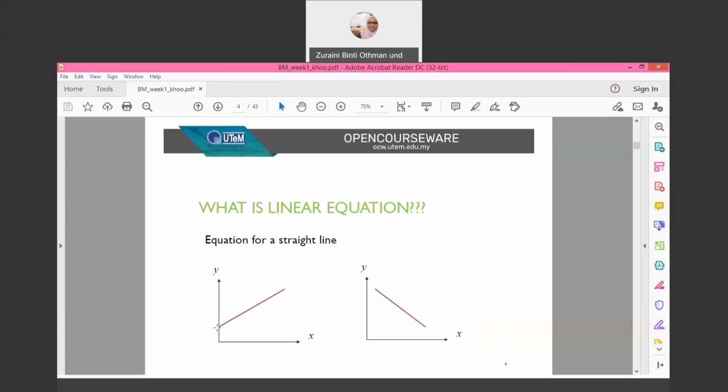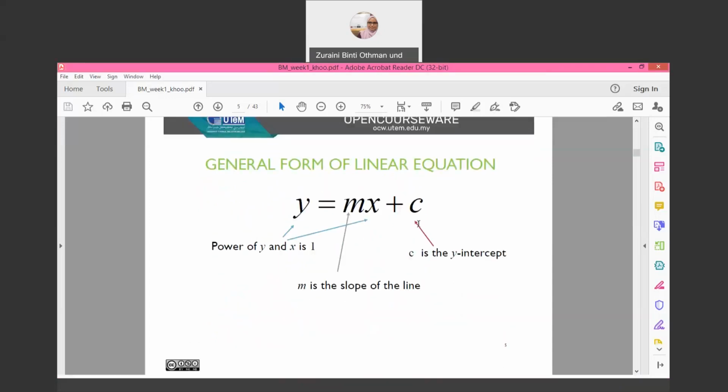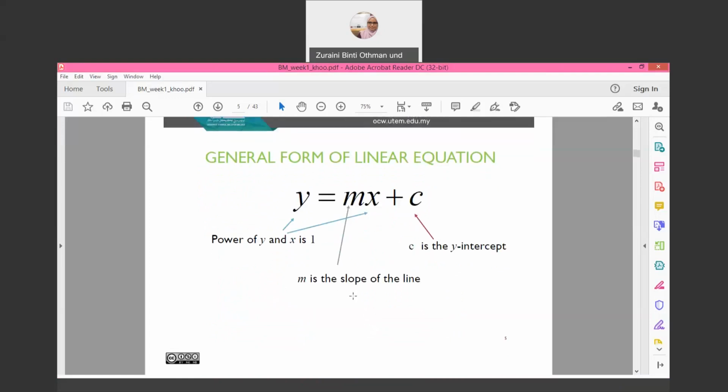Referring to this graph, when the graph passes the y-axis, which is here, this is the y-intercept, and this value we call c in the equation.